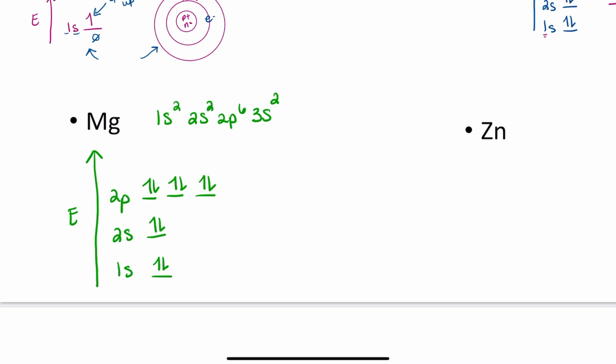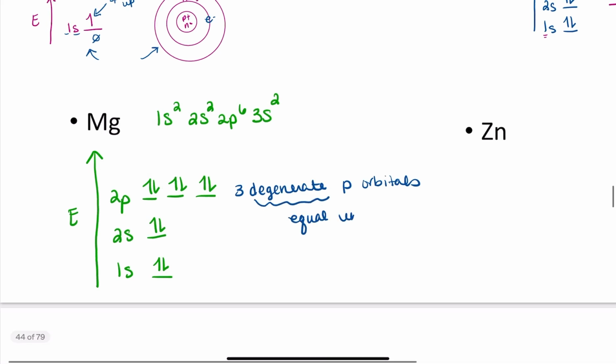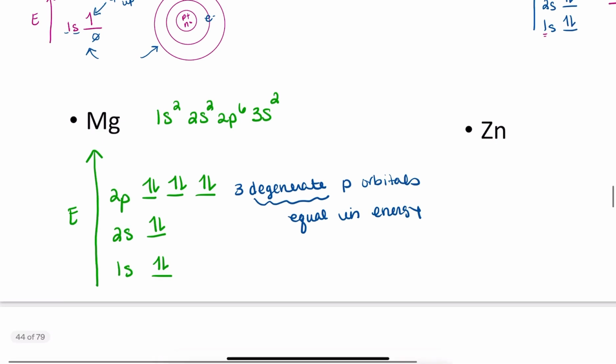And again, these orbitals here are called degenerate because they're equal in energy. And then I have the 3s with just 2 electrons.